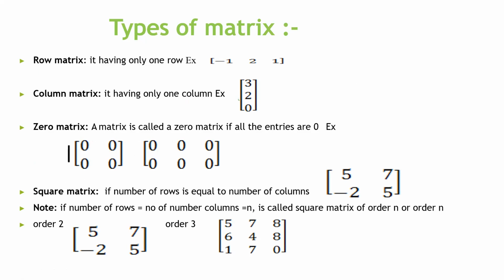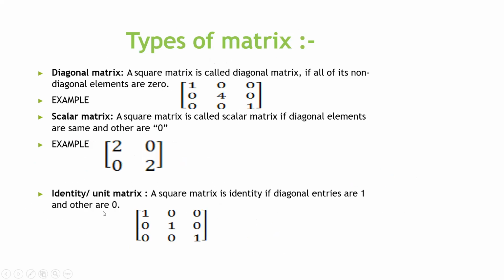Everybody knows this is a row matrix, this is a column matrix, and these are zero matrices. If the columns and rows are equal, then we call it a square matrix. A diagonal matrix is one where the non-diagonal elements are zeros and only the diagonal elements are greater than zero.